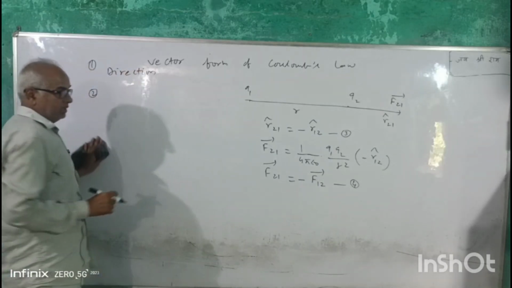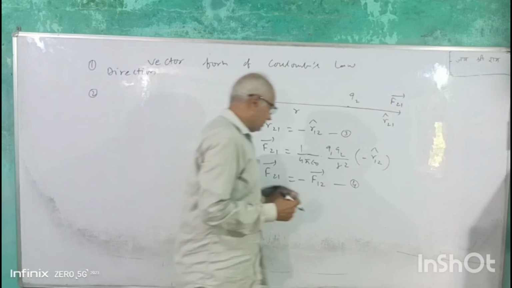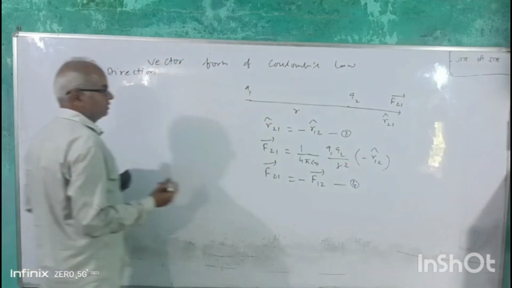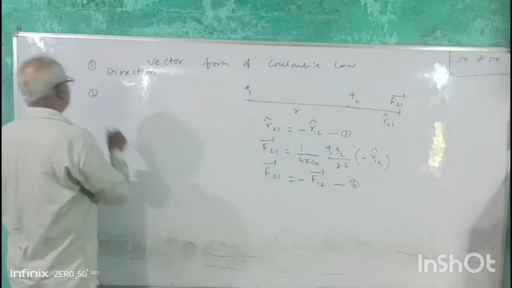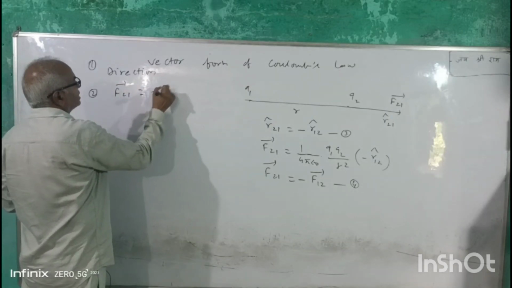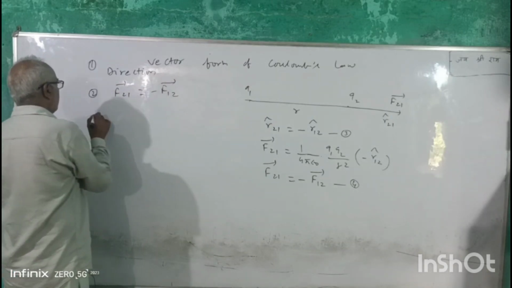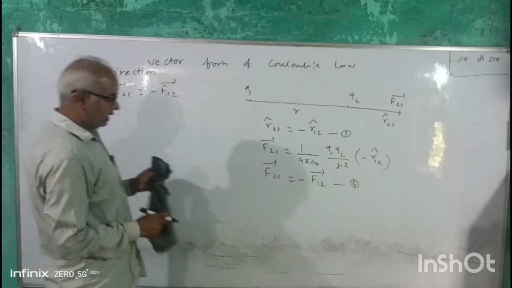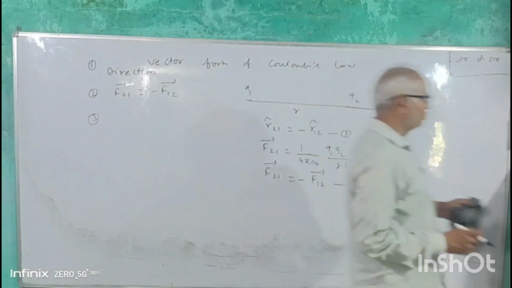Second, Coulomb's law gives that it follows Newton's third law of motion. F21 is equal to minus F12. So in vector form, Coulomb's law follows Newton's third law of motion.